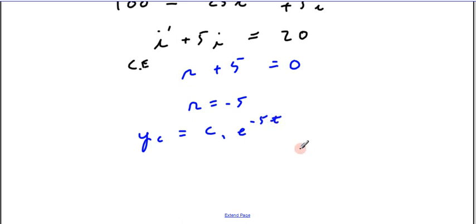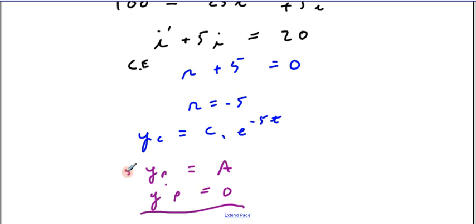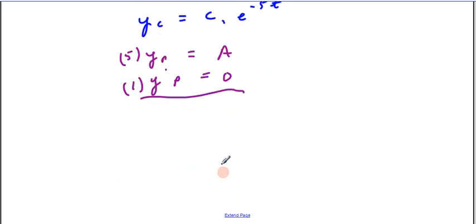Okay, and now we have to come up with a particular solution now that we have the homogeneous solution. So my particular solution is A, the derivative of my particular solution is 0. I have 5 of those, one of these, and when I get done I want to have 20.